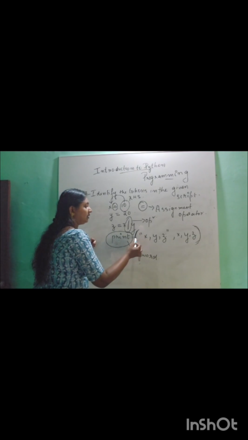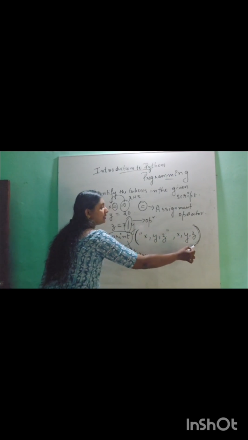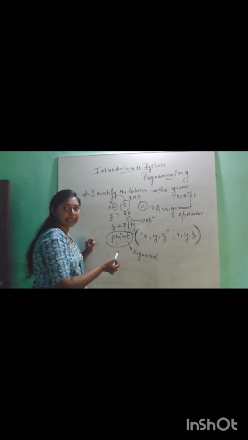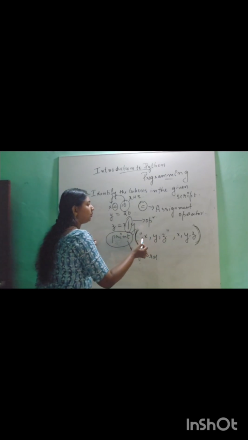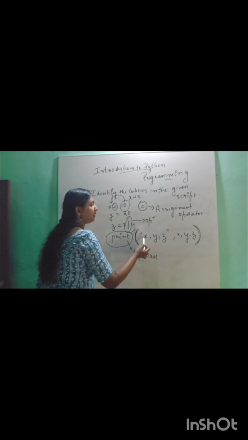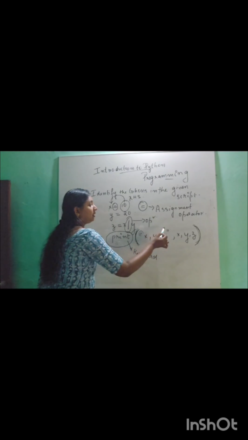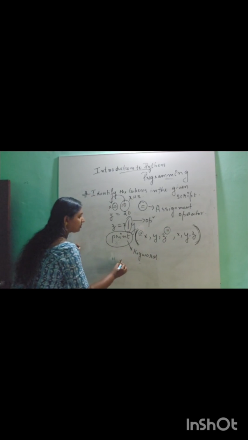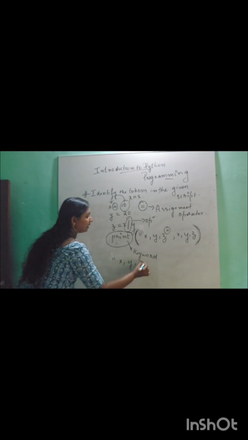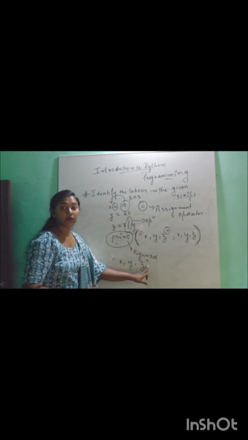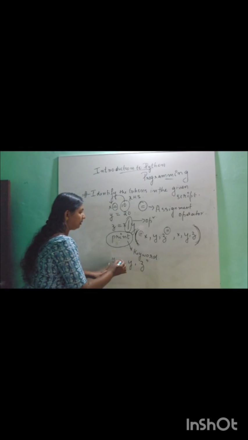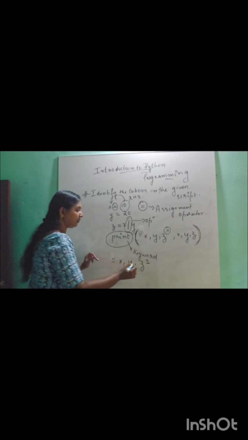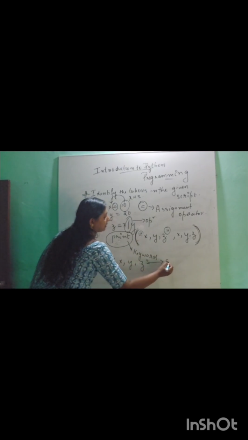So this is also a delimiter. When we consider tokens, this is considered a delimiter. Then what is this? Here, x, y, z is enclosed in double inverted commas. This statement is enclosed in double inverted commas, so this becomes a string.